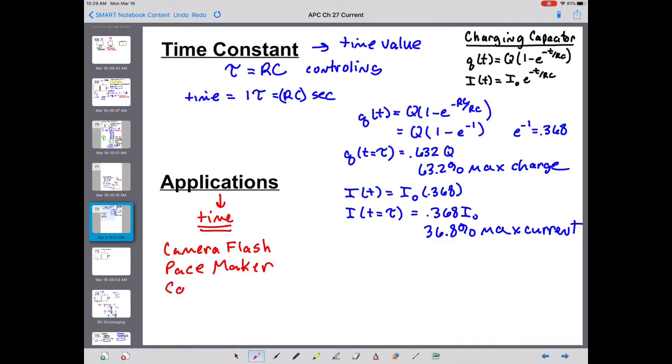Perhaps a little closer to home, on your car, the turn signal. When you turn the turn signal on, it flashes at a very regular rate. Well, that's an RC circuit charging up and then discharging and causing a flash, and then charging up and discharging and causing a flash in a very regular fashion. If you have ever had the blinker light bulb burn out on your car, the signal light then flashes very, very rapidly, much more rapidly than it normally would.